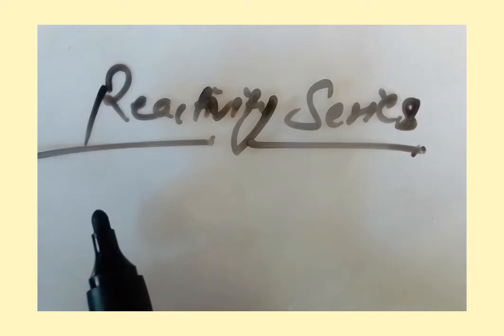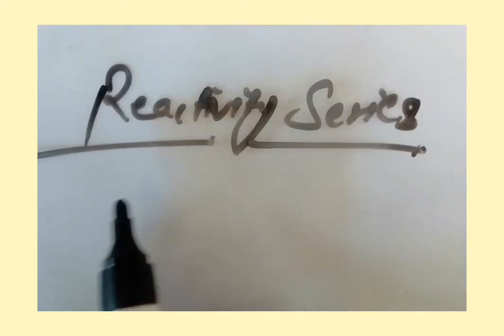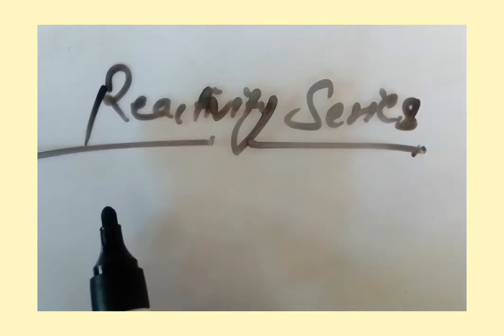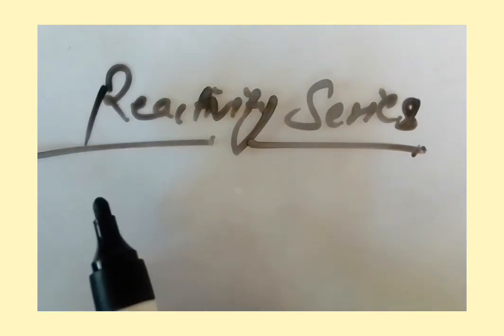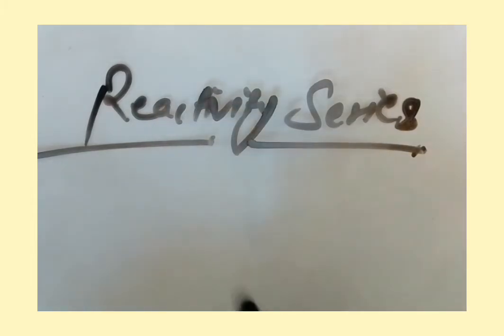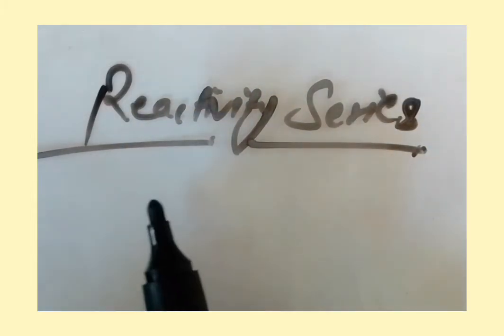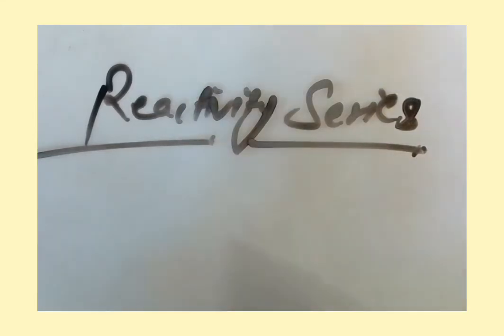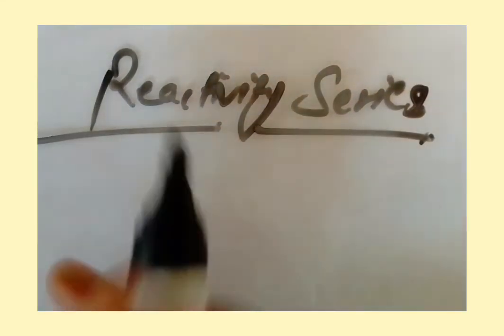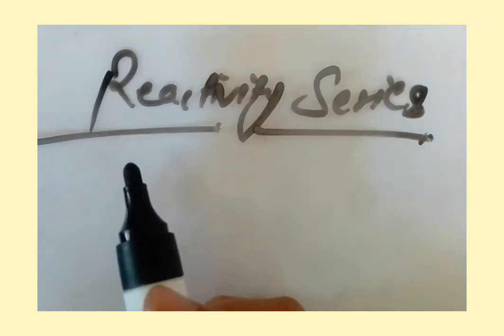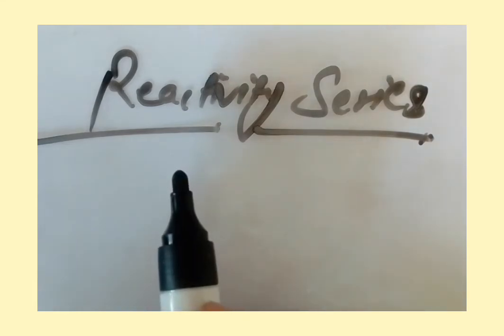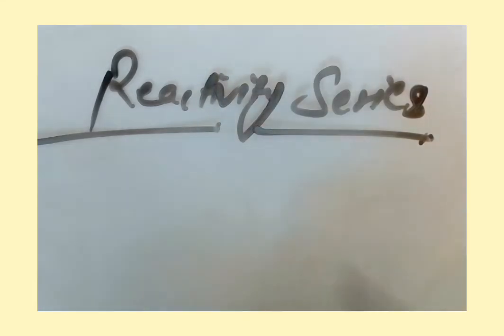Reactivity series of metals. You should learn that properly so that on the basis of that you can understand the next topic, displacement reactions, right? In displacement reactions you will study how the more reactive metal will displace the less reactive. That reactivity series is given along with the symbols and the names of the elements. So please learn that first of all, then go further.